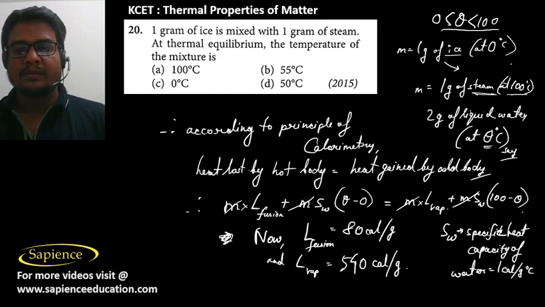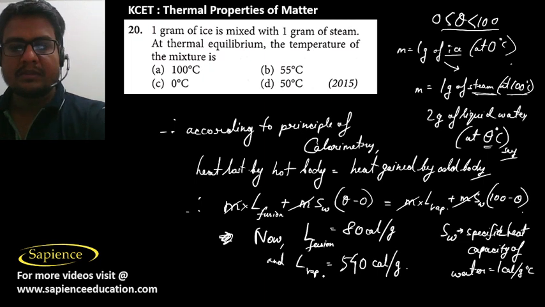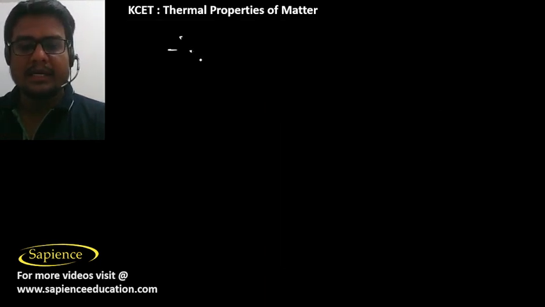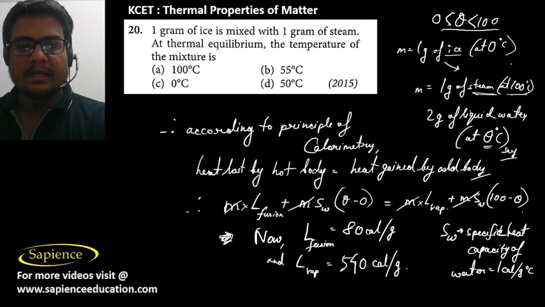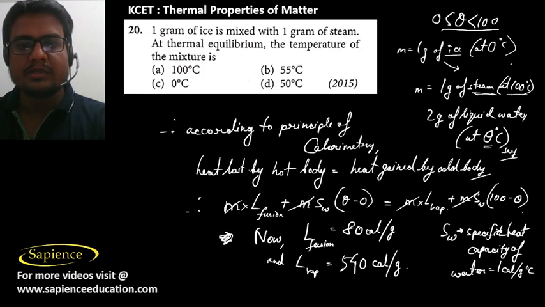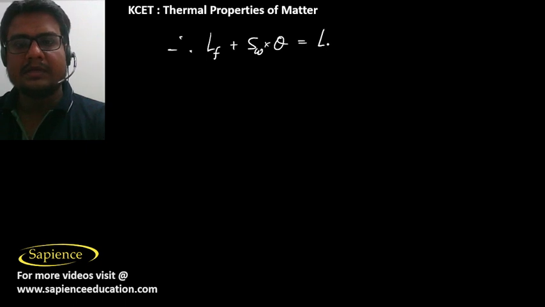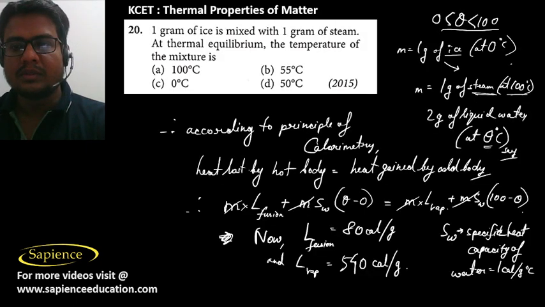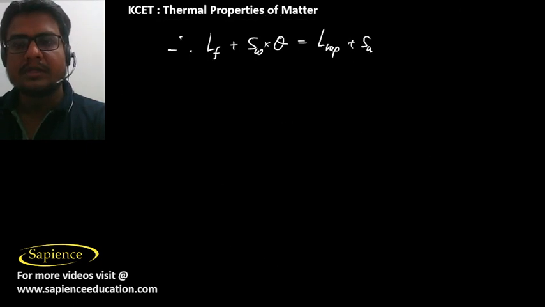So therefore we will place the values and find the answer. The latent heat of fusion plus specific heat capacity of water into theta is equal to the latent heat of vaporization of water plus the specific heat capacity of water into 100 minus theta.